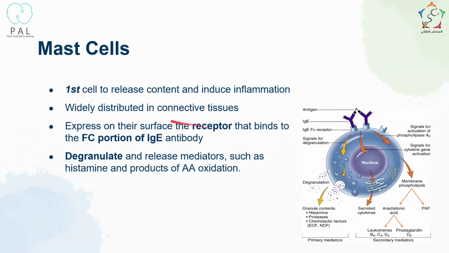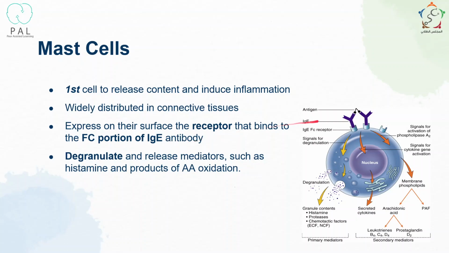Mast cells. Mast cells are present in both acute and chronic inflammation. So they are the first cells to release contents and induce inflammation. They're widely distributed in connective tissue, so they are normally present. They don't need to be recruited, unlike macrophages and lymphocytes. They express on their surface the receptor that binds to the Fc portion of IgE.